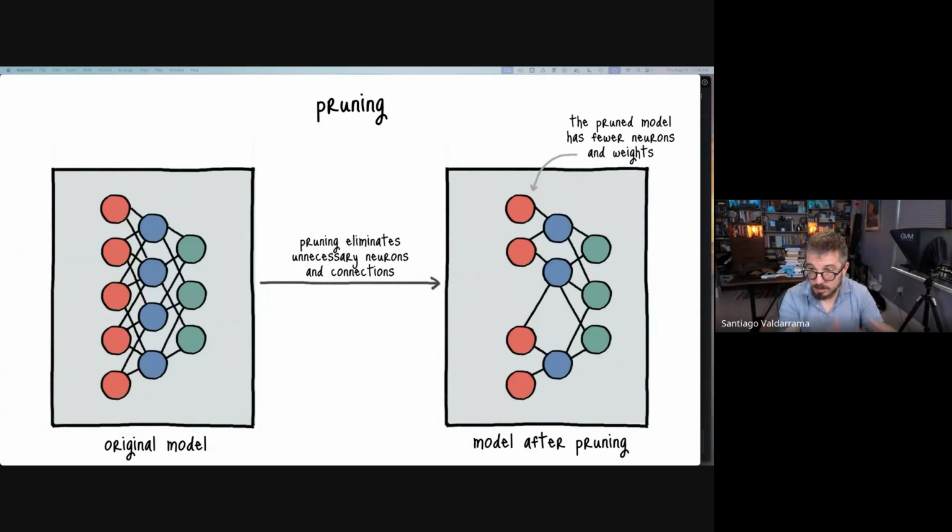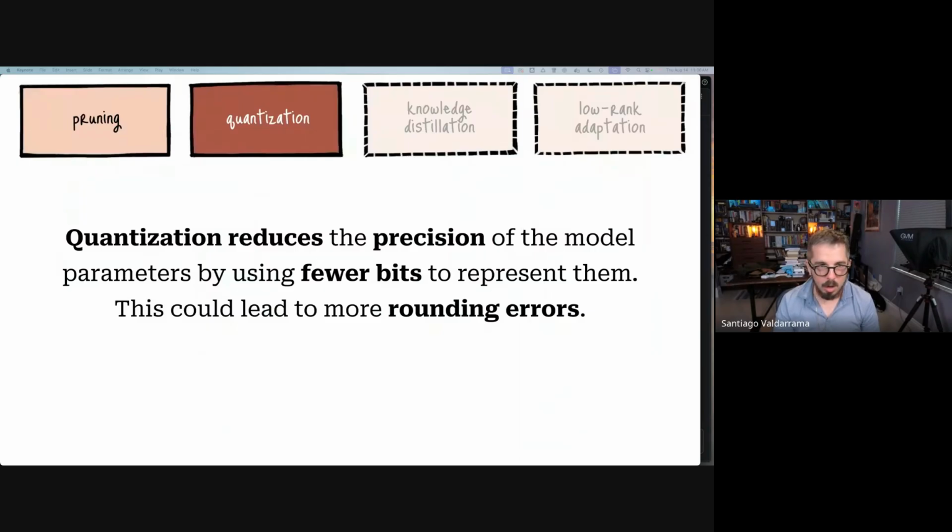Not only does it take a long time to prune a model, you also affect the accuracy of the model, because a weight and a bias, a specific neuron or parameter, might not be contributing a lot, but a lot is not necessarily zero. Meaning, by removing those, you might be affecting the quality of the answers, but it's a trade-off that you are willing to pay in order to get a smaller model.